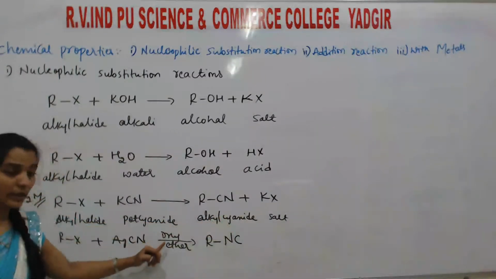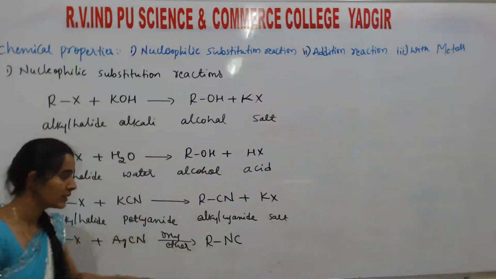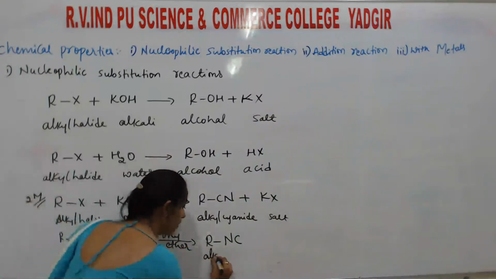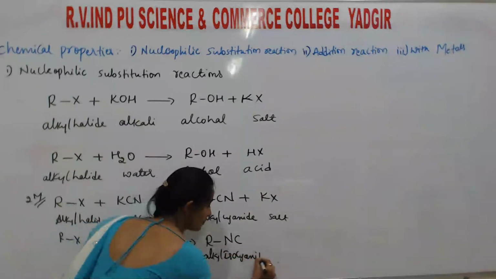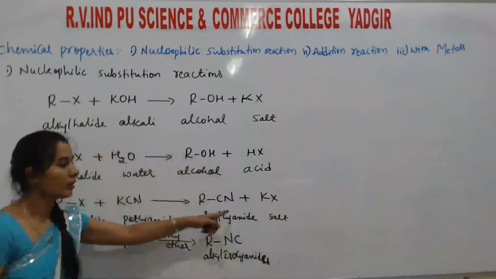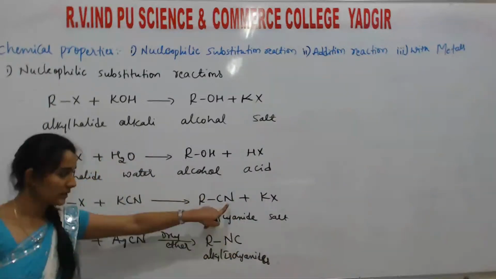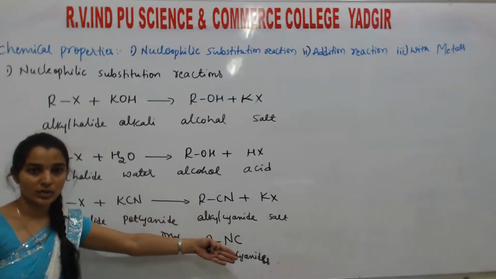If AgCN is there in presence of dry ether, they give RNC compounds. RNC means alkyl isocyanides. In coordination compounds, you already know what is this CN, what is this NC. NC means isocyanides.